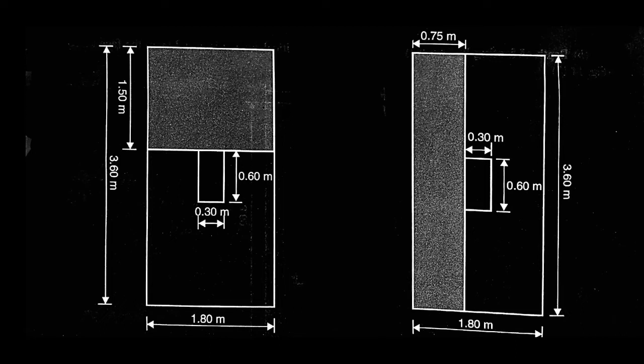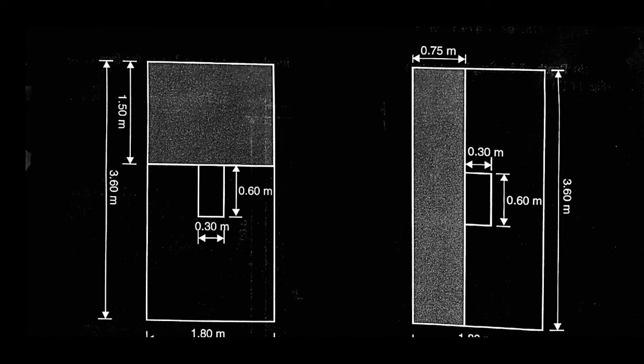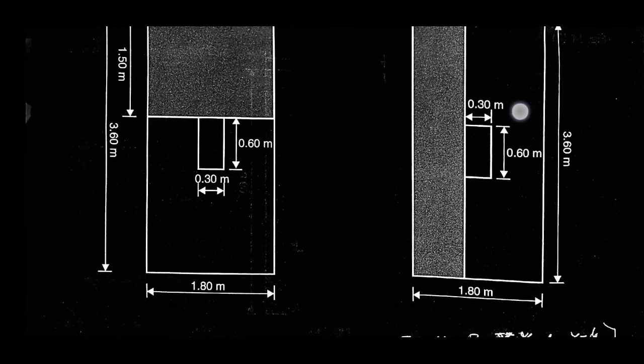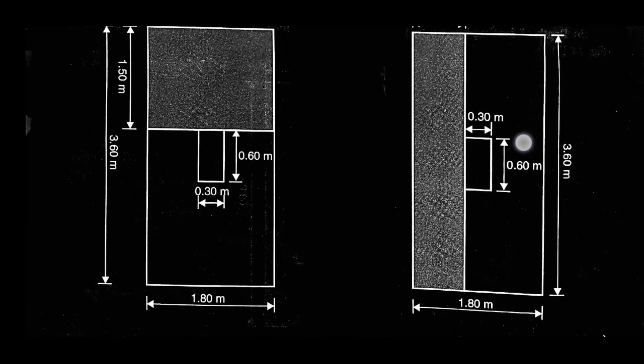And for the right side figure, bending moment along the y-axis, the length along the x-axis, the shorter direction is x, that means 1.80 minus 0.3 by 2, that is equal to 0.75 meter.